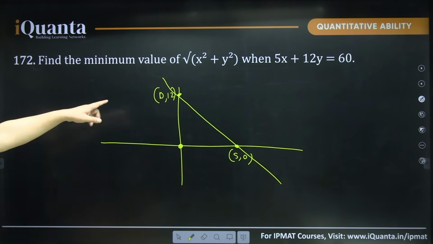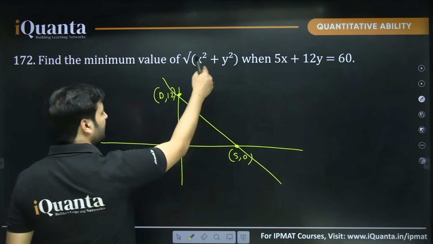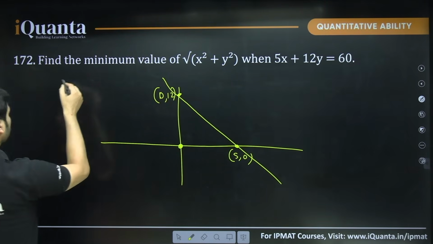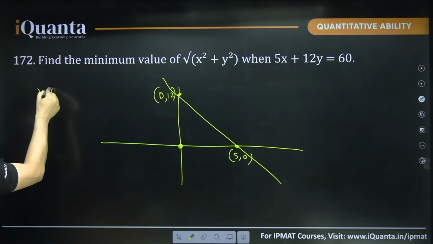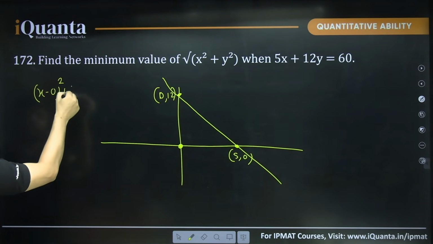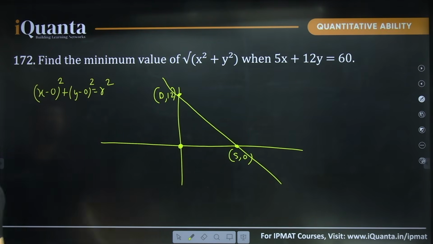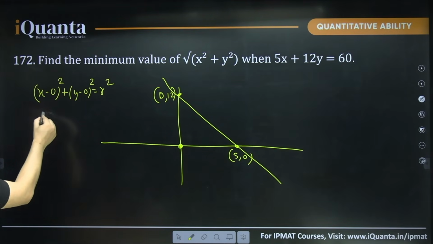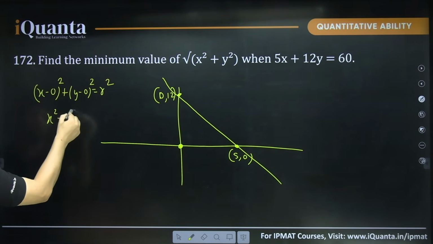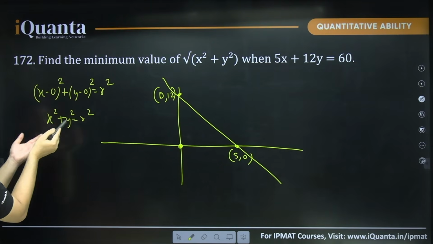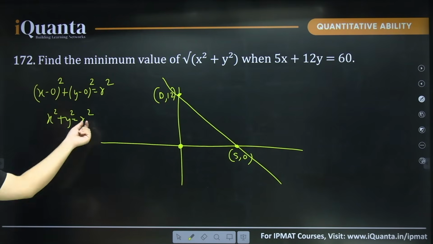You want the minimum value of root of x square plus y square. Can you say that the equation of a circle looks something like this: (x minus something) square plus (y minus something) square equal to r square. Yes or no? So can you say that x square plus y square equal to r square is basically the equation of a circle having radius r?